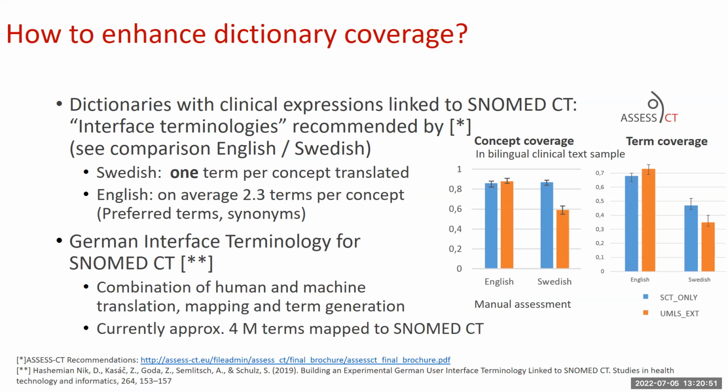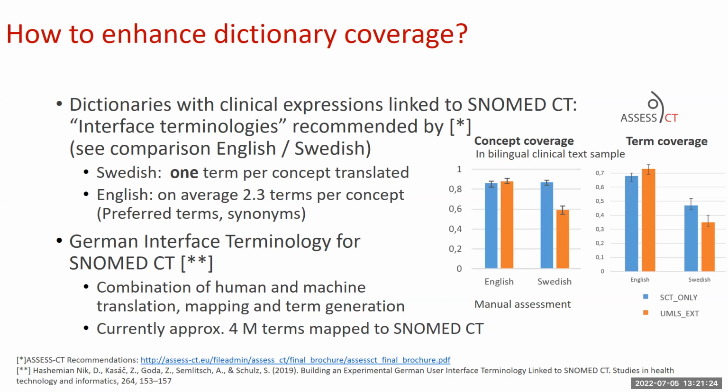And this also motivated me to start some years ago with the building of a German interface terminology for SNOMED CT, using a very complicated workflow combining human and machine translation, concept mapping, and term generation, particularly those very long agglutinated terms which abound in German clinical language.